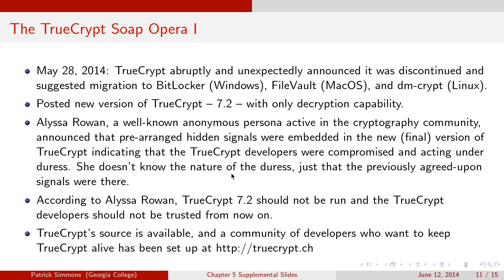So that's interesting. And so Alyssa Rowan, whoever that is, says TrueCrypt 7.2 shouldn't be run, and anything from the official TrueCrypt developers shouldn't be trusted because they're acting under duress. So, whatever. That's enough, for me at least, to say, okay, let's not trust that.